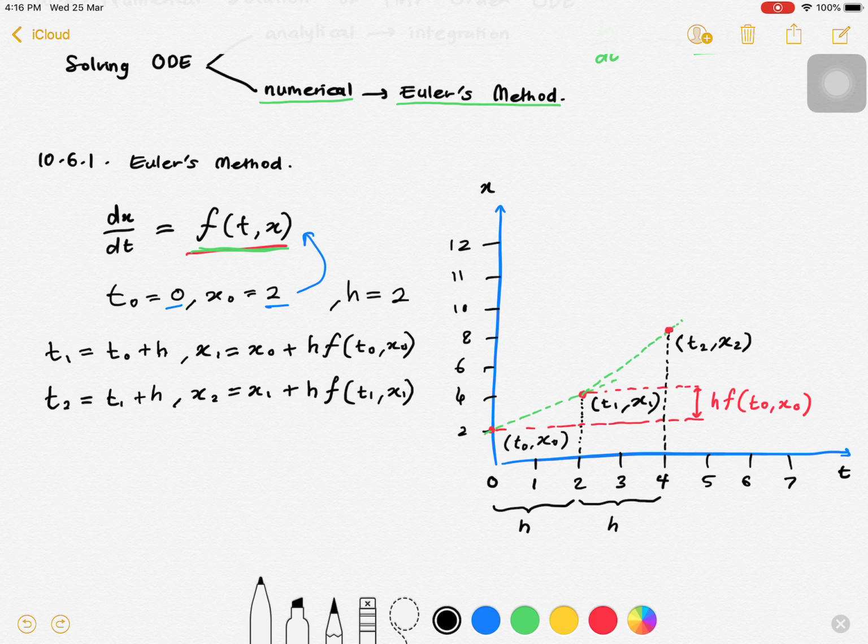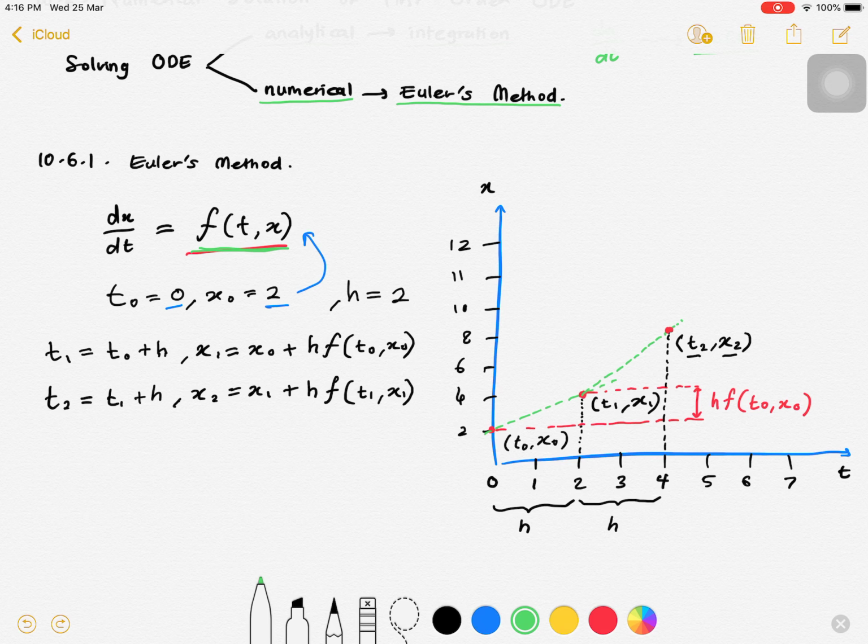So we can continue this process again. I'll just show you another one. We know these two values, and we can put them again in this function to get the gradient at the third point.